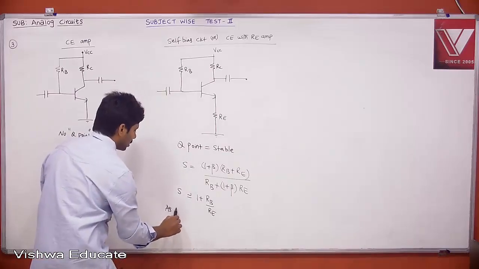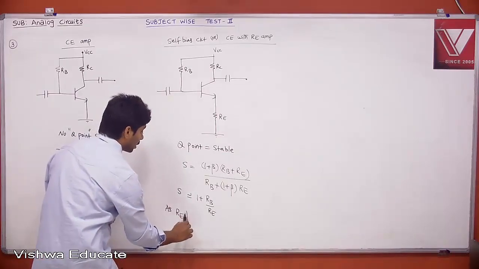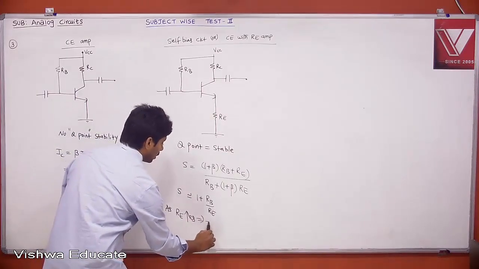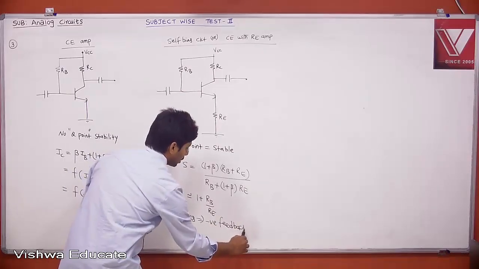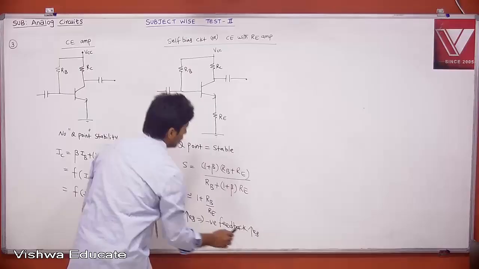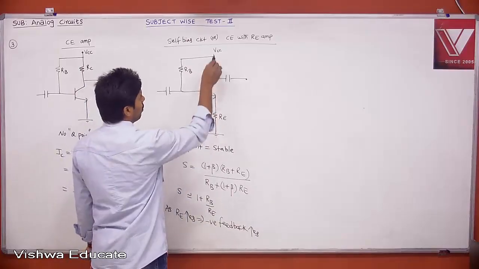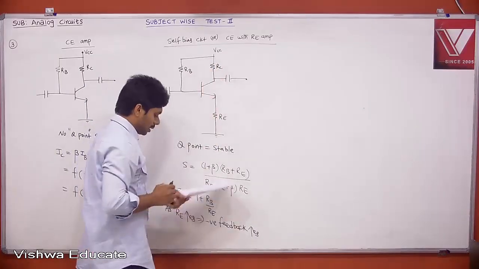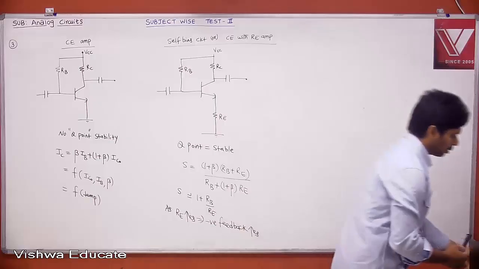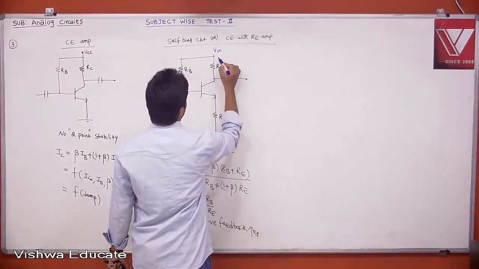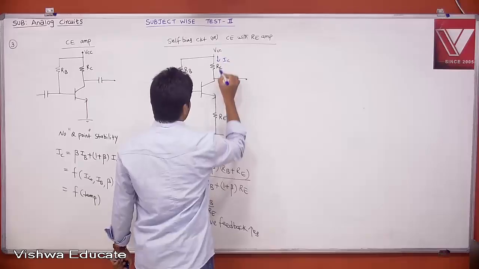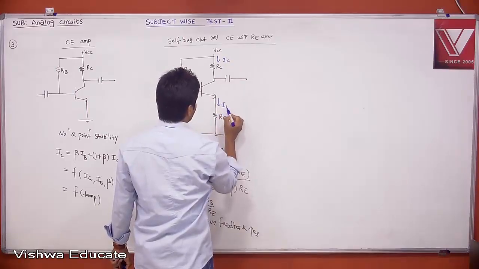As RE increases, the negative feedback increases. Why does negative feedback increase? I will tell you. As RE is increasing, whatever current you have here is the DC collector current, IC. The same current is almost flowing through your RE.